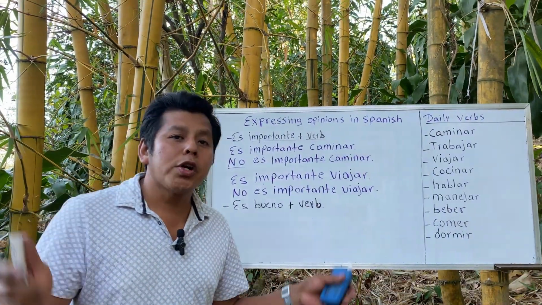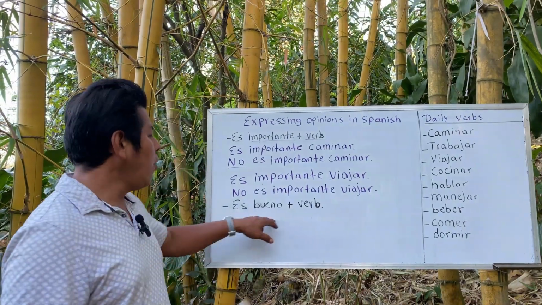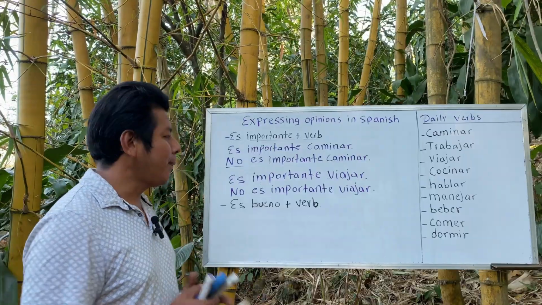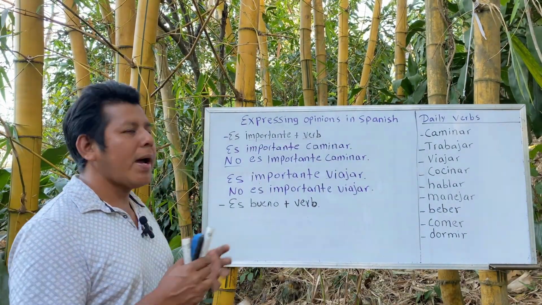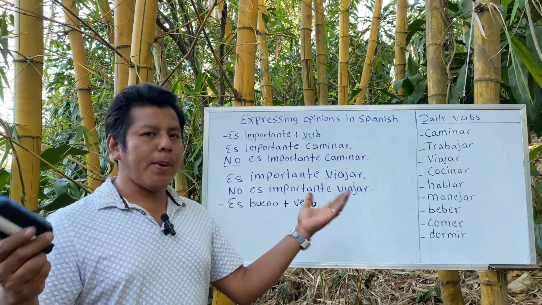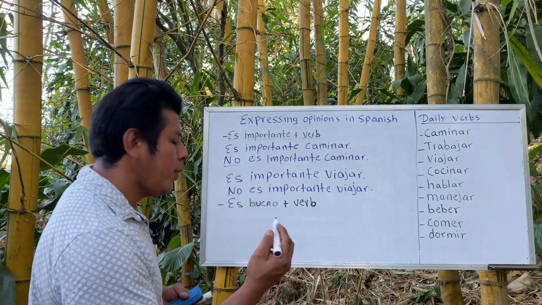The next structure in Spanish to express opinions is es bueno plus any verb. Let's make one sentence together. How would we say in Spanish, it's good to speak Spanish? It's good to speak Spanish. Let's do it.